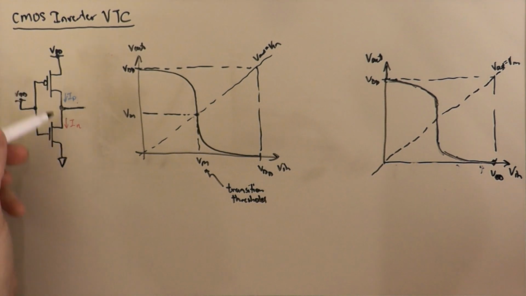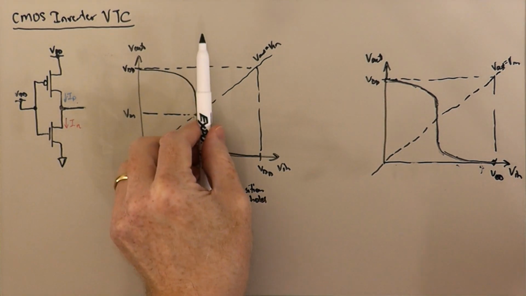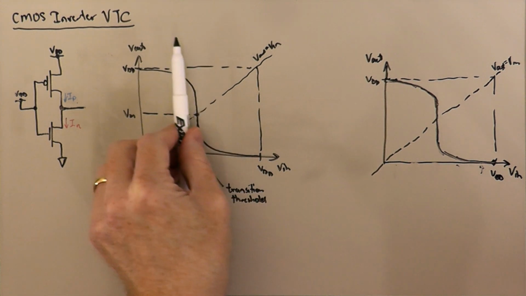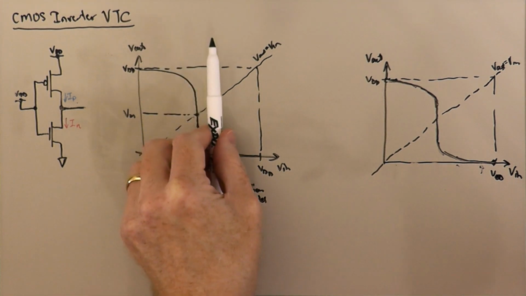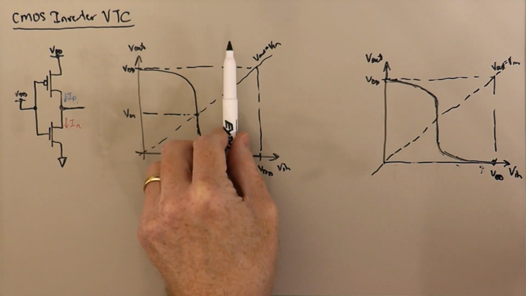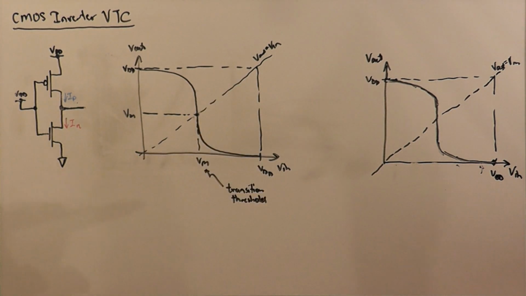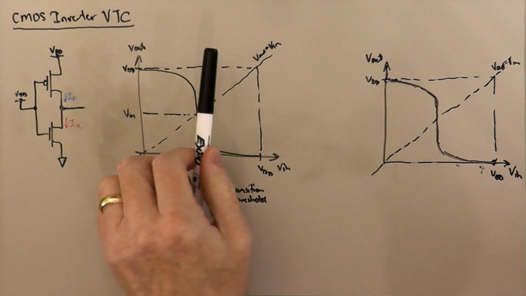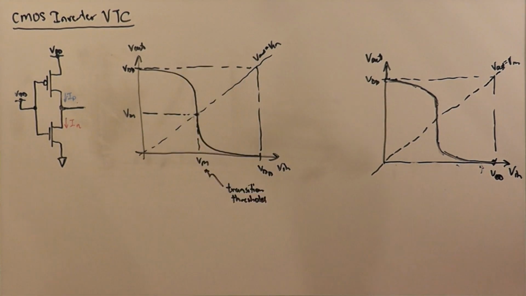It depends on the relative strengths of these two transistors. If the NMOS transistor is a little bit stronger than the PMOS transistor, then it's going to be skewed to the left. If the PMOS transistor is a little bit stronger than the NMOS transistor, it's going to be skewed a little bit more toward the right. And so the transition threshold would be a little bit lower or a little bit higher. So that's one key point on the curve.